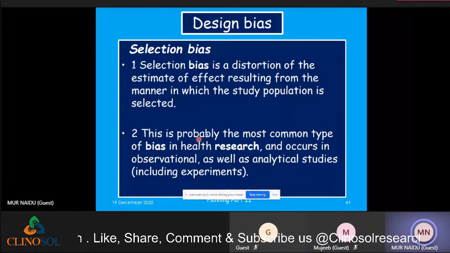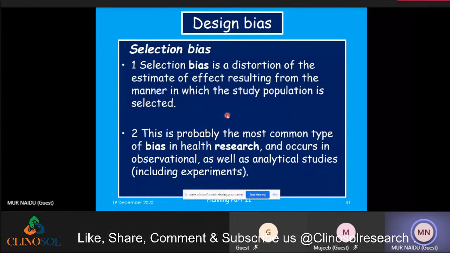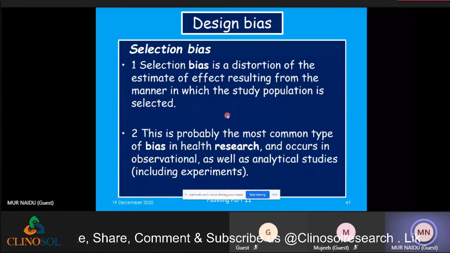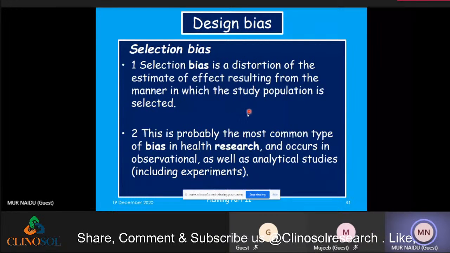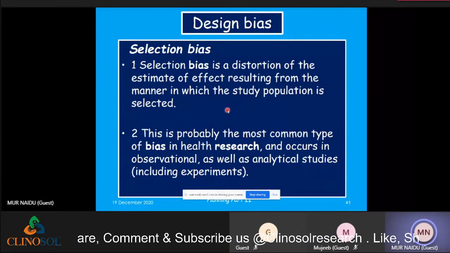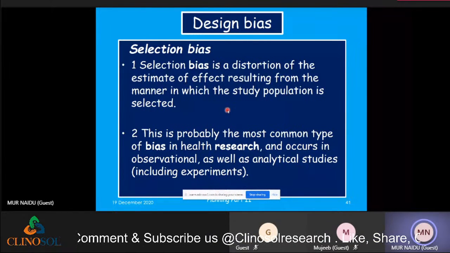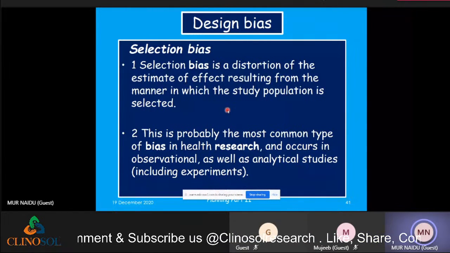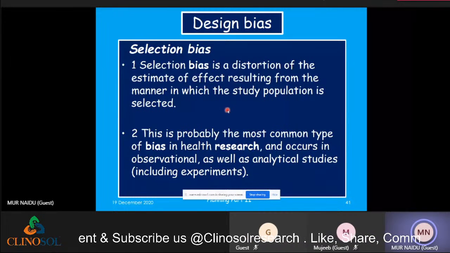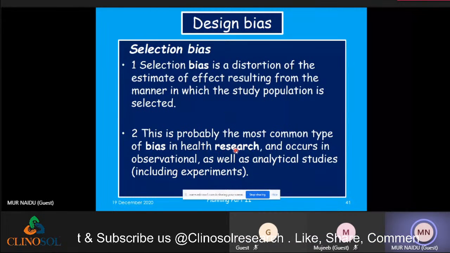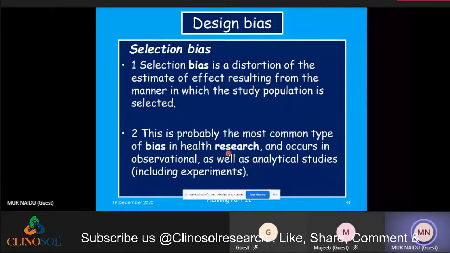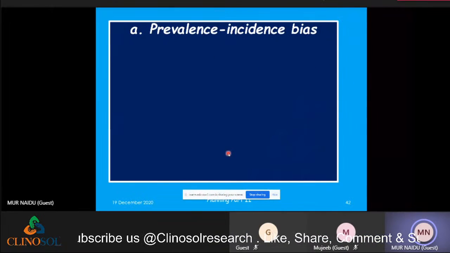So you are selecting the people from the population. I told you that you have a population where so many people are there, but you are not properly fixing your inclusion criteria. For example, in osteoarthritis, you are not properly taking X-ray and you are actually including, or you are doing some health research, then this design bias will come.